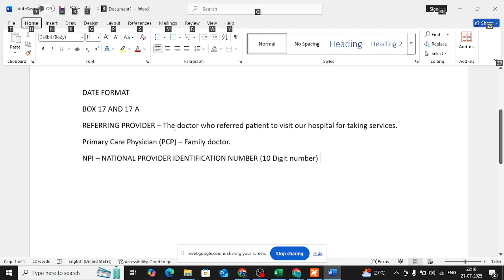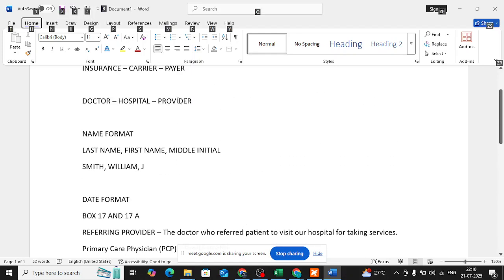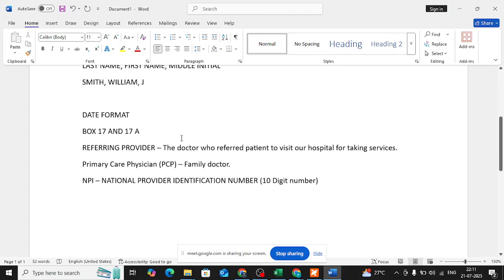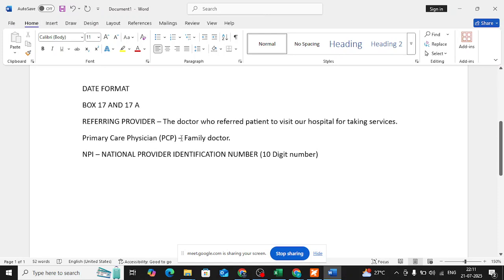Provider means doctor, hospital, any facility where patient is getting health related service. Pathologist, you know that, physiotherapist actually is not a doctor, but he is also getting NPI because he is providing health related service. So this is the 10 digit number.